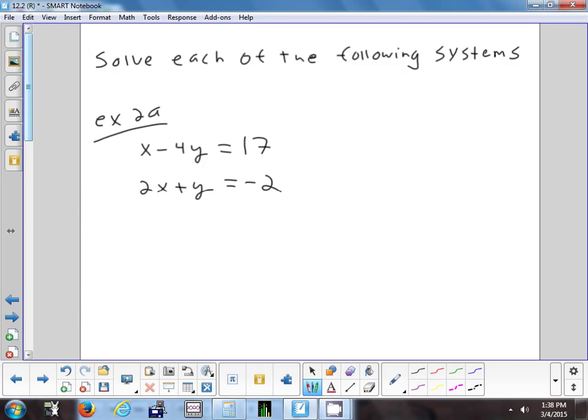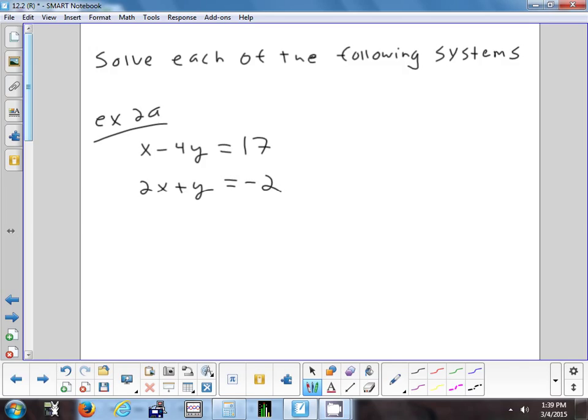So let's decide which equation we should pick. Do you want to start with the top or bottom? I think the bottom, because it'd be much easier just to subtract y. Let's get 2x by itself. Remember, you want to get the variable that has a coefficient of 1 by itself. Add 4y.